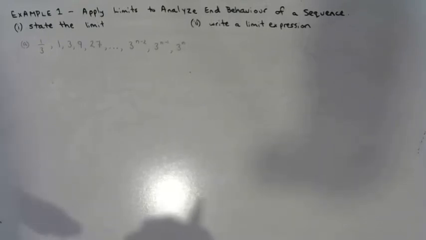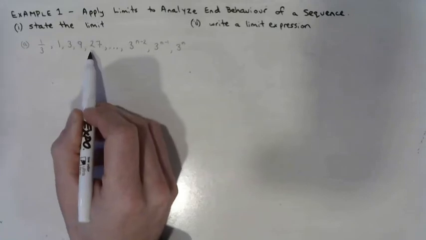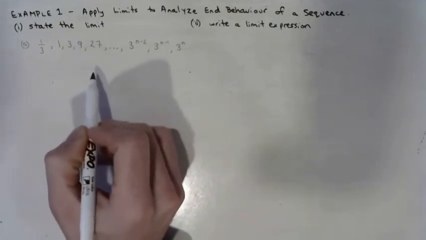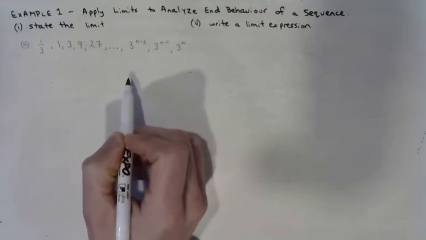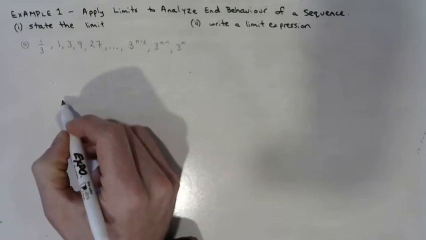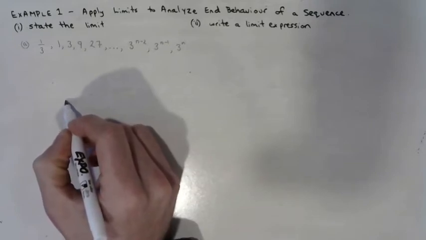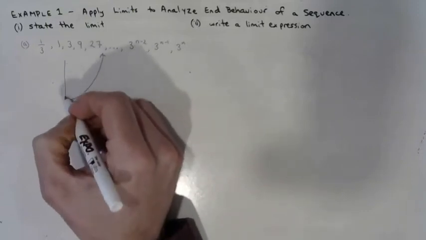Now right away I'll tell you this sequence does not have a limit. The value of each successive term is continually increasing. It's not converging to a specific point or to a specific value. If we were going to graph this, this would just go forever and ever. So to plot all these points and draw a smooth curve, we'd end up with something like that, okay?